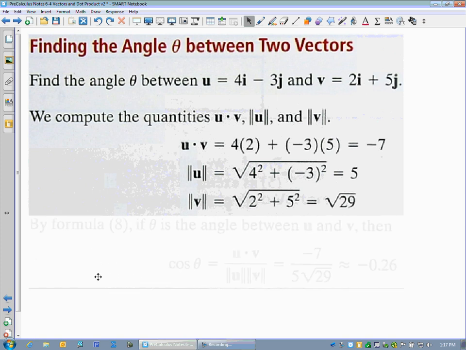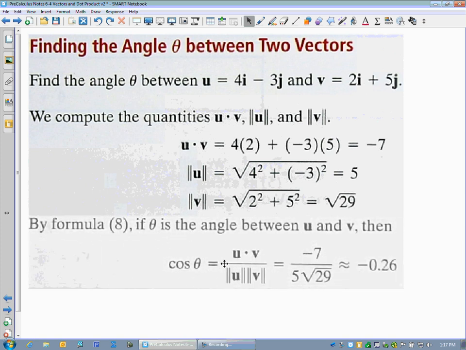Once you have those three values, you simply put them into the equation. So they have cosine theta equals this quantity. And this is where the book does something that I recommend you do not do. It puts this into the calculator and gets an approximation of -0.26. I highly recommend against doing that because ultimately we want theta.